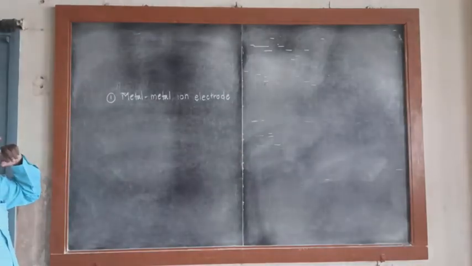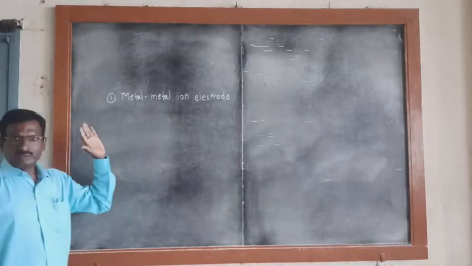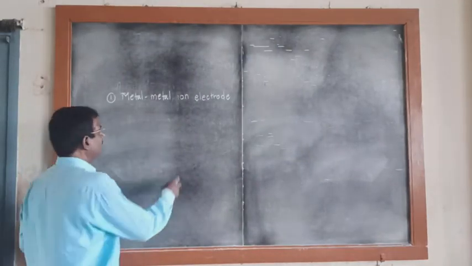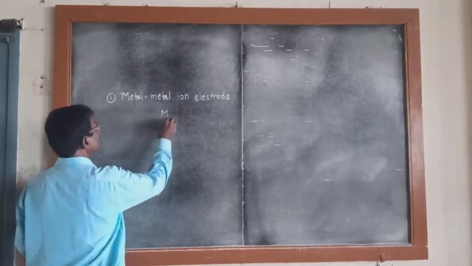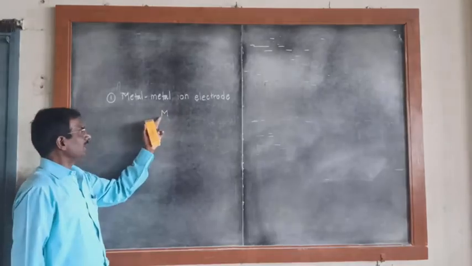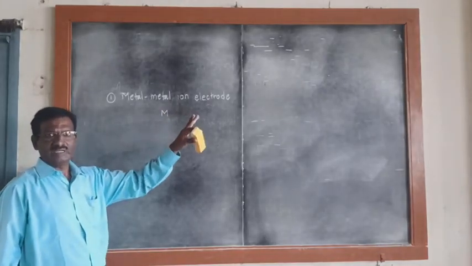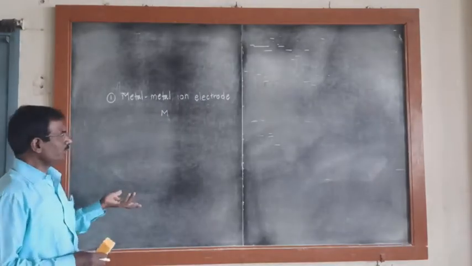of this point is what is meant by metal electrode. This electrode consists of metal M, that is any metal, in contact with its solution containing ions. Then how to represent this electrode?